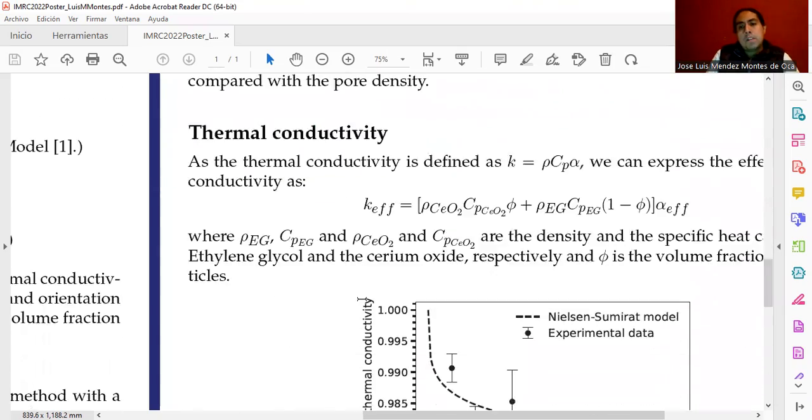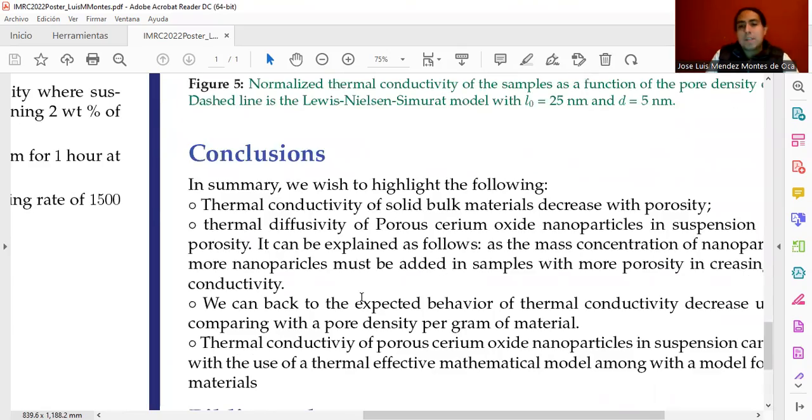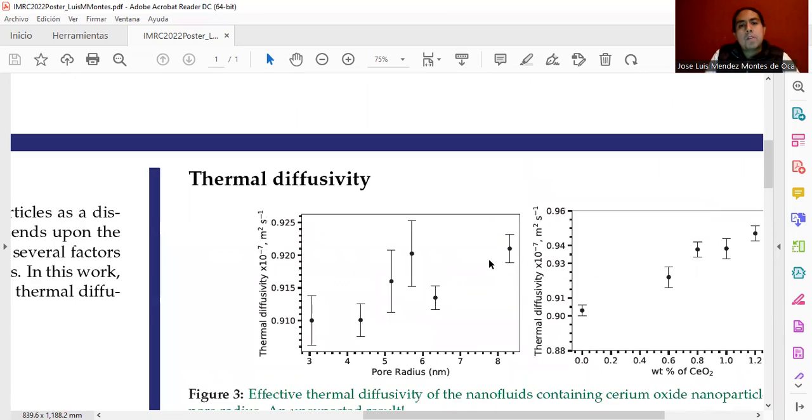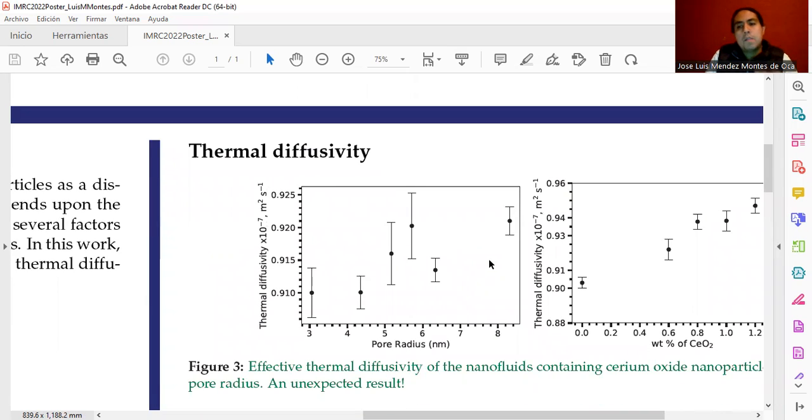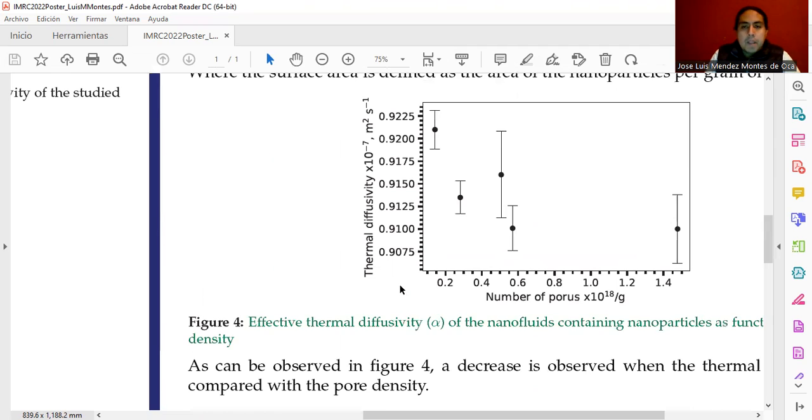Our explanation of this behavior is that as the mass is fixed in these experiments, as we increase the porosity, we are also increasing the number of nanoparticles in these suspensions, so that the thermal diffusivity could increase.